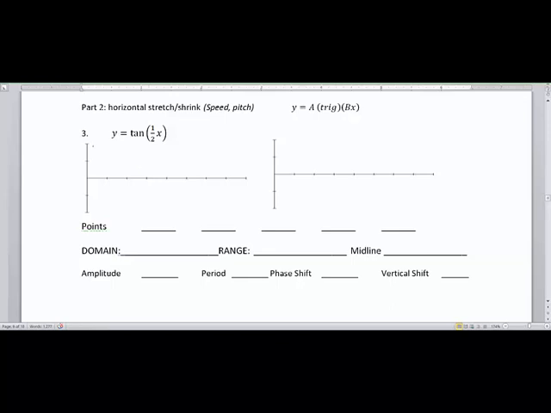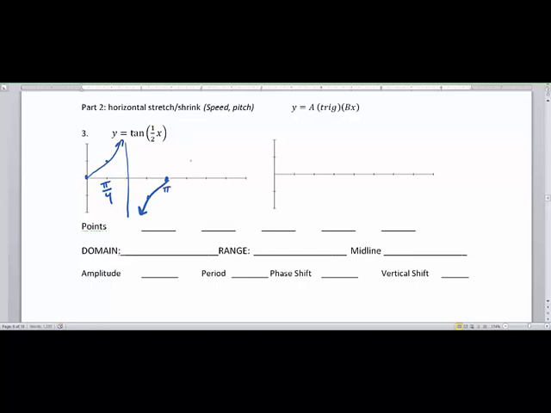Now the first thing you should do is probably plot in your normal points for tangent. So the origin, this point here at 1 and pi over 4, and then we have an asymptote line here. And this goes up like that.